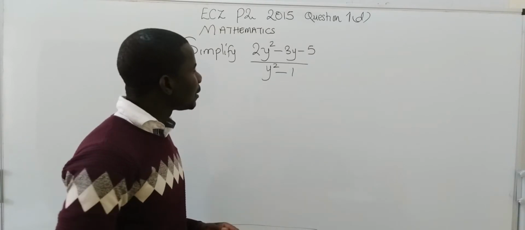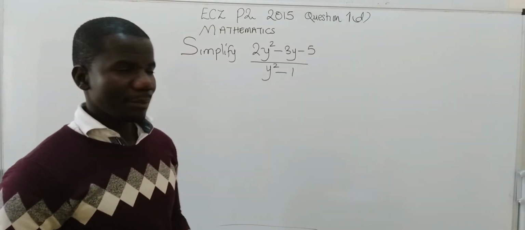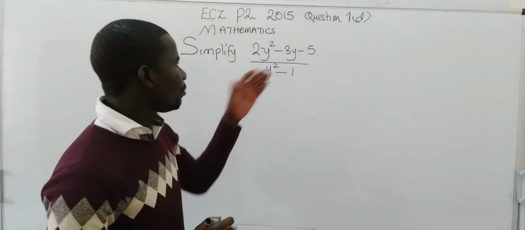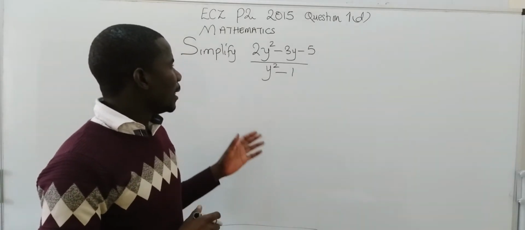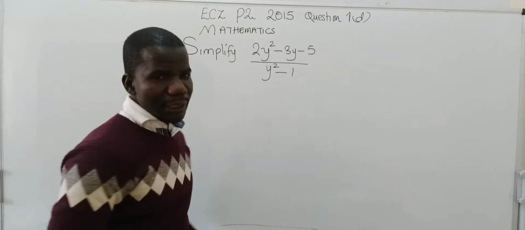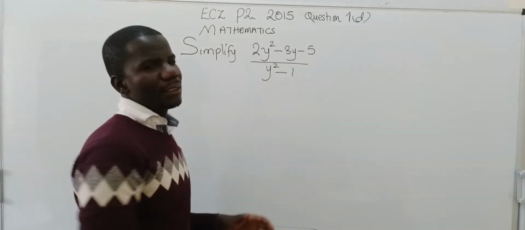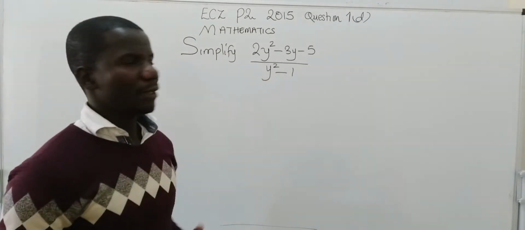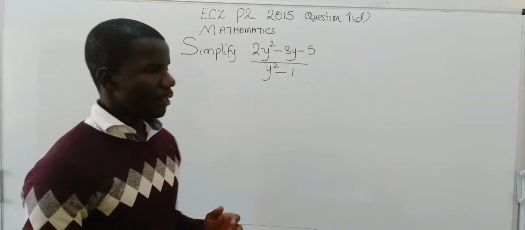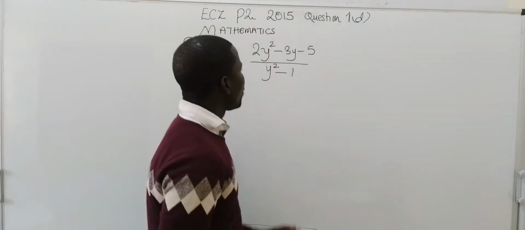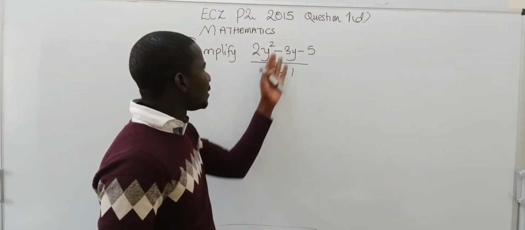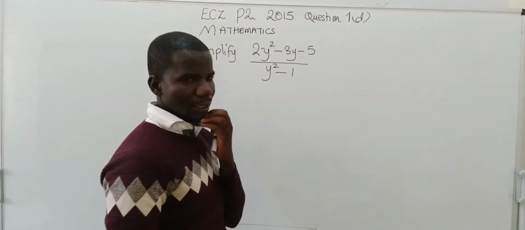So let us look at the process that we are supposed to carry out in order to simplify this question. A better way of putting this question could be: factorize and simplify. So we need to look at a way in which we can factorize these expressions.